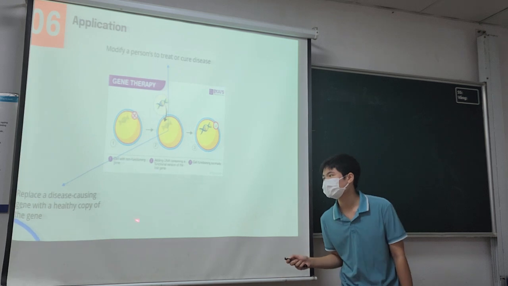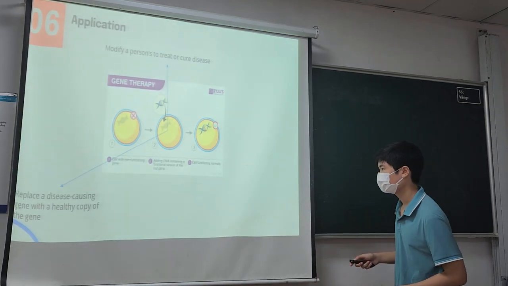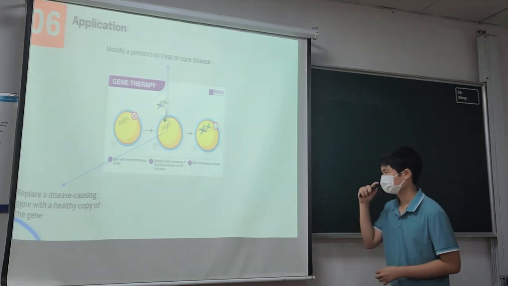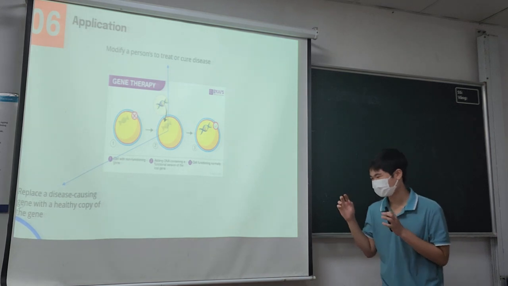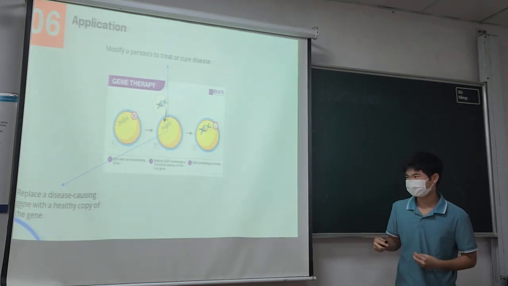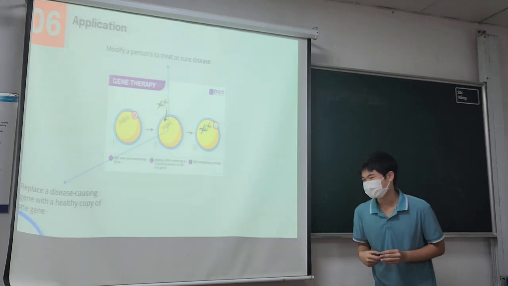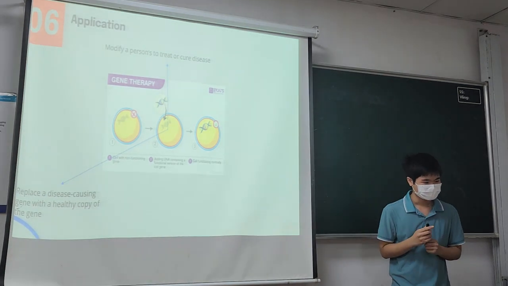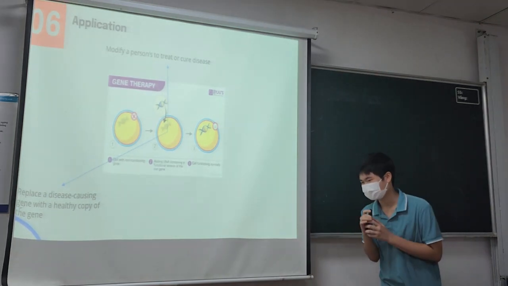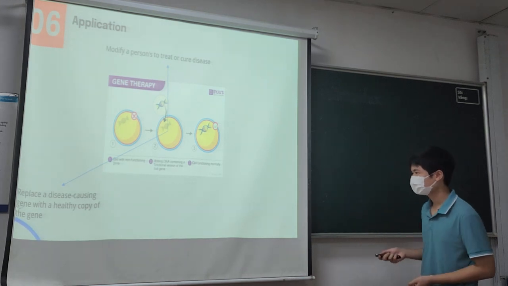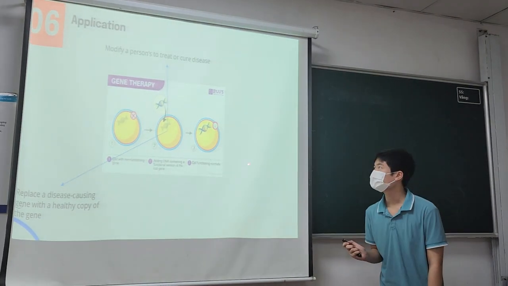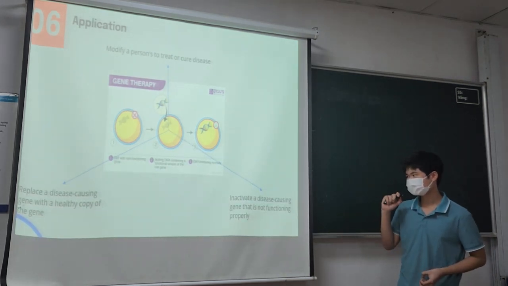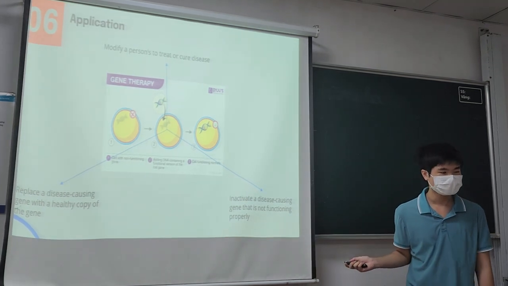The second is to replace a disease-causing gene with a healthy copy of the gene, and the scientist or the doctor can use micro or nanobots to replace the disease-causing gene. And the last one is to inactivate a disease-causing gene that is not functioning properly.